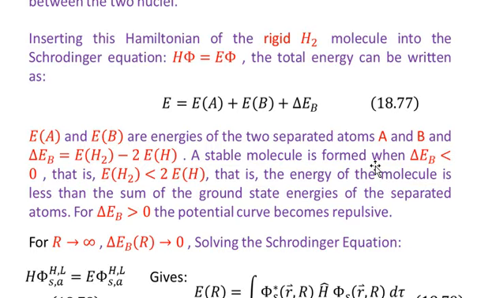A stable molecule is formed when delta EB is less than 0. That is, the difference of binding energies is negative. Then we can say that a stable molecule is formed.